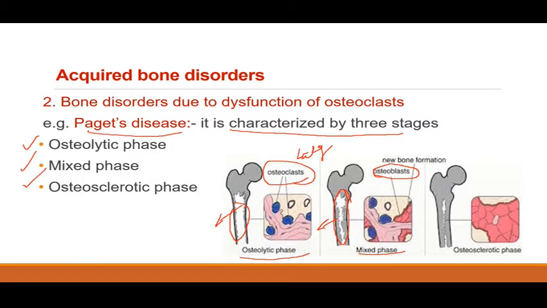During the osteosclerotic phase, osteoblastic activity is further increased, so the bone becomes larger than normal and is composed of coarsely thickened trabeculae, but the cortices become soft and porous, so such bones become more vulnerable and fracturable.